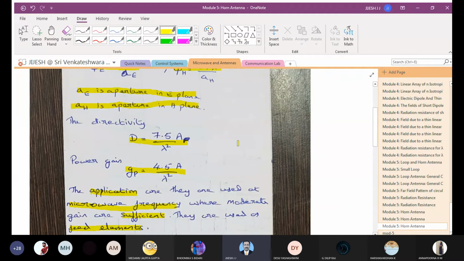So this is all about the directivity, power gain, and applications of the horn antenna. Is that completed?